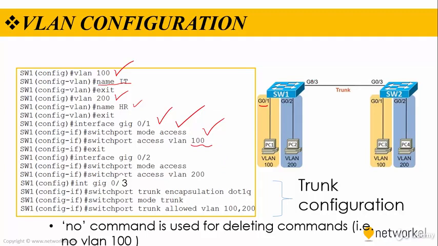If you want to configure a trunk port, we are going under the interface mode again, and we are typing switchport trunk and an encapsulation protocol, which is .1Q for now. And we are defining the trunk port by typing switchport mode trunk. And we are defining the VLANs that we want to carry from this trunk.